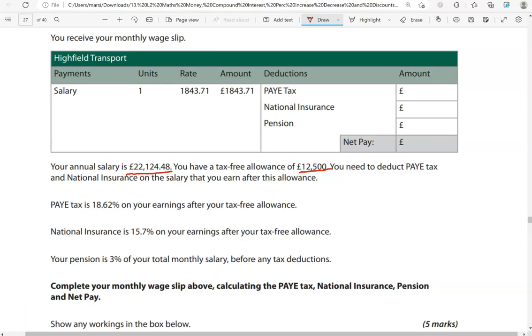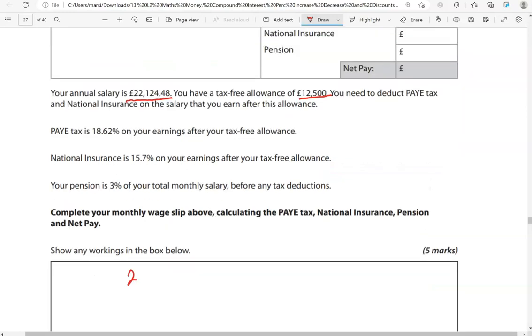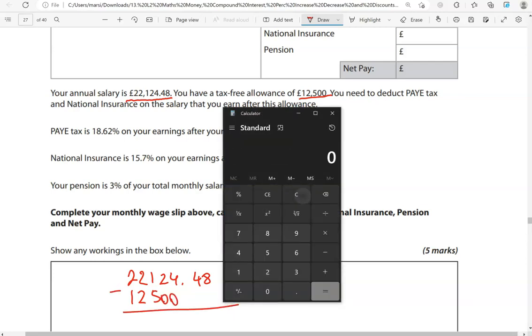So if we take away 12,500 from 22,124.48, that will give us the taxable income for the year.